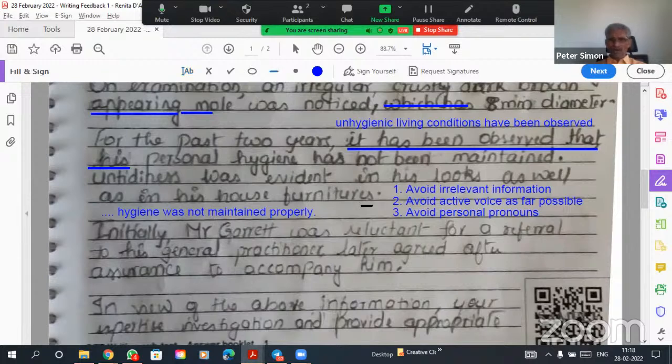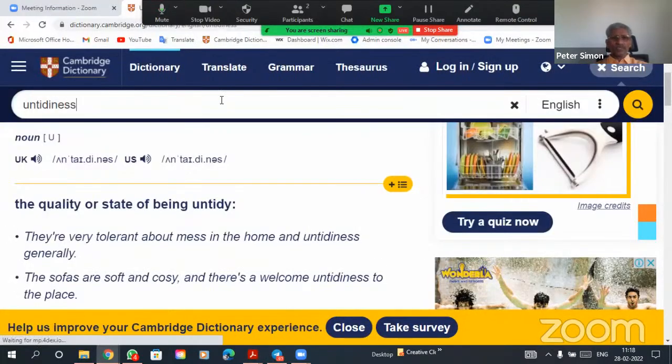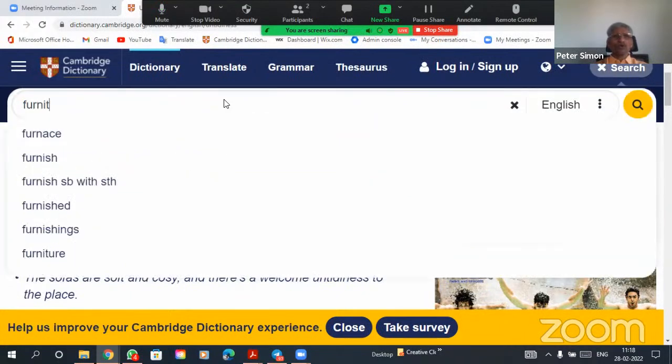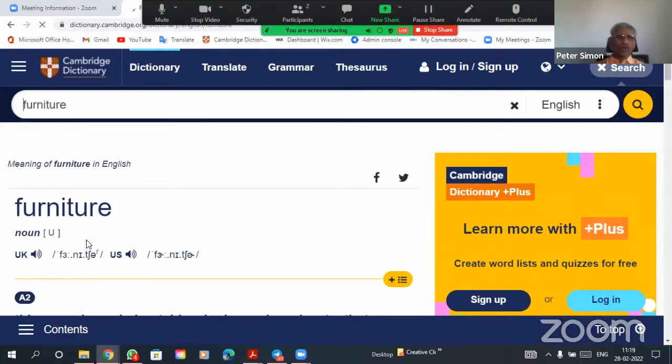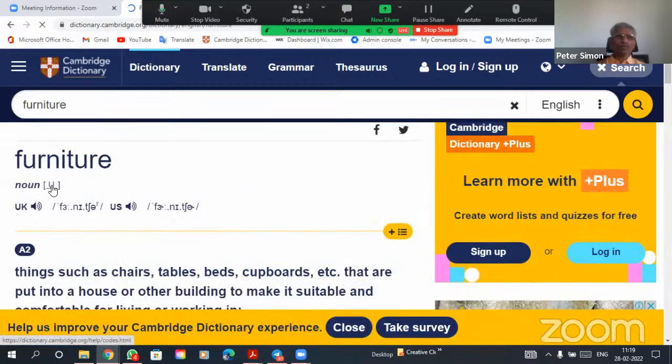Oh my God, furnitures. How can you put S to this? Furniture. Now you have to know the word. There is no plural. Noun, uncountable. How can you add S?